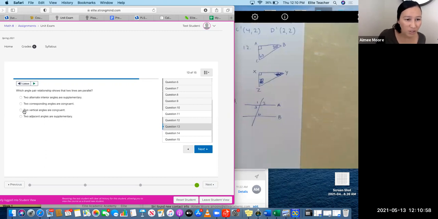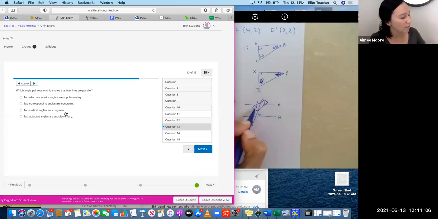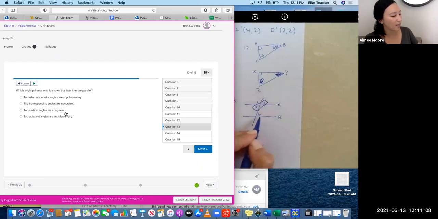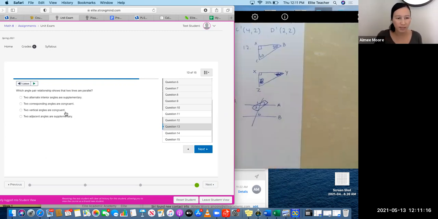So now we're down to if 2 vertical angles are congruent, well, that could be 2 and 3. These are vertical angles. If those are congruent, does that show that these lines are parallel? No, because it's only giving us angles for one of our lines. So all that's left is 2 corresponding angles are congruent.